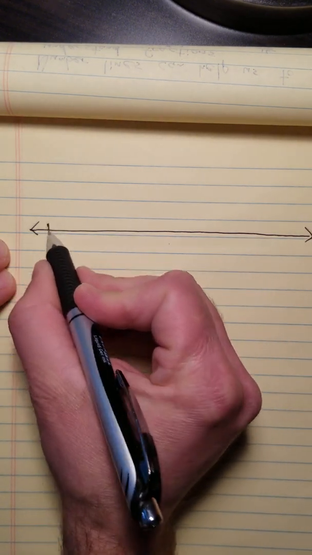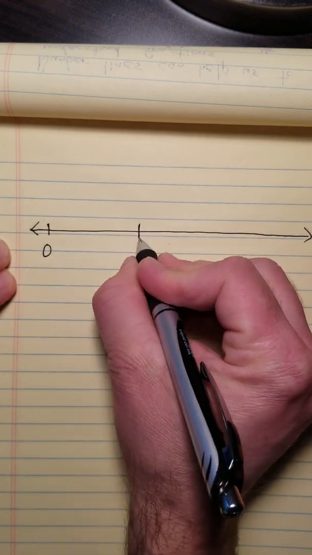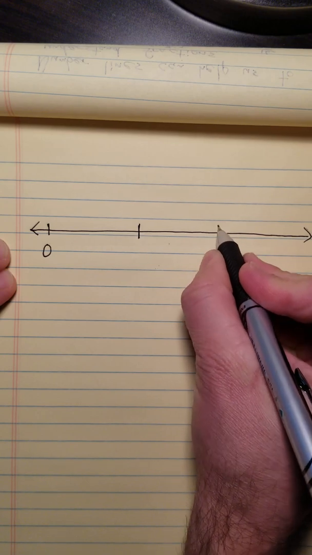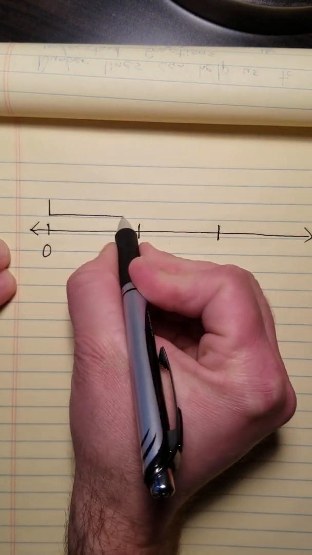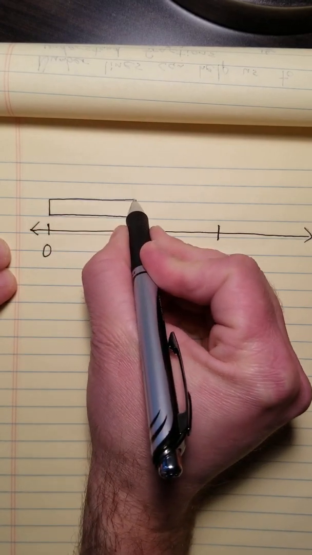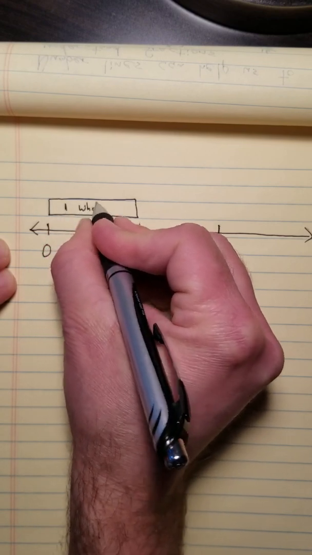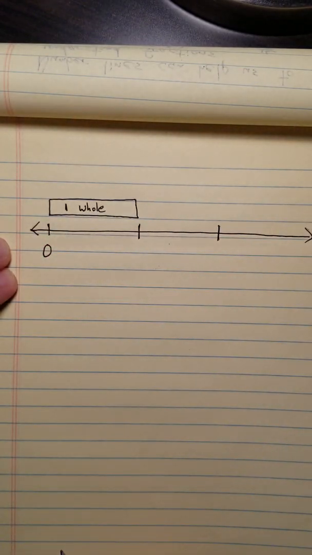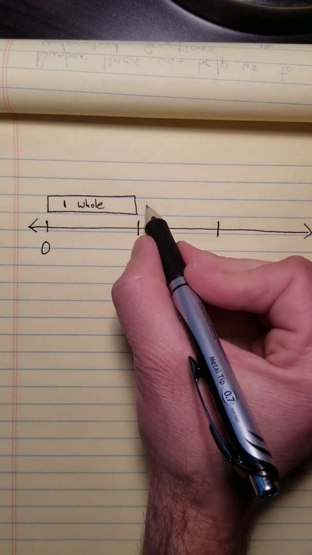Now, this is our 0. And this is 1 whole. Okay? That's the whole shape, right? That's why we're calling this a whole number.